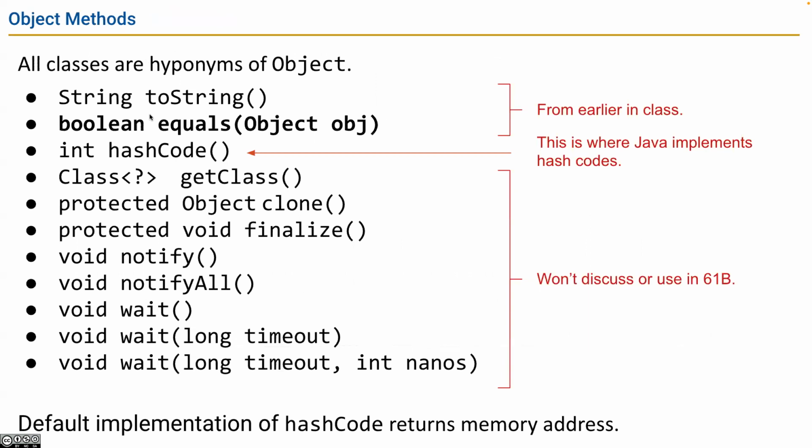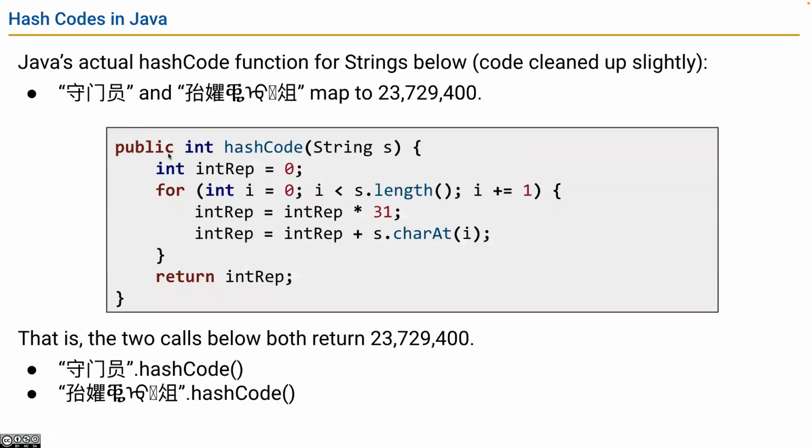The default implementation returns the name of the class plus an @ sign plus the memory address. All it does is return this, the default hash code, and that's it.